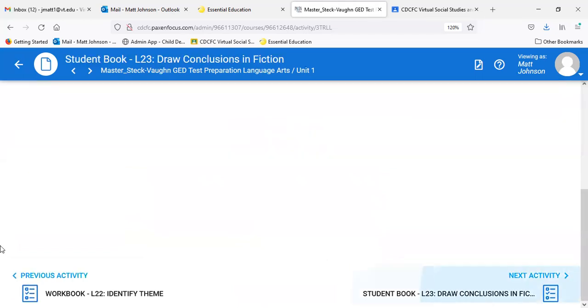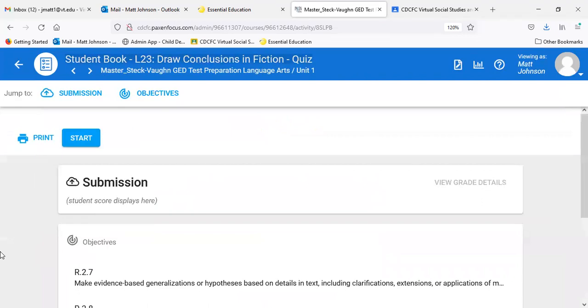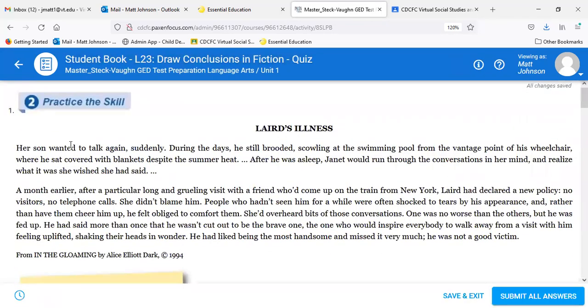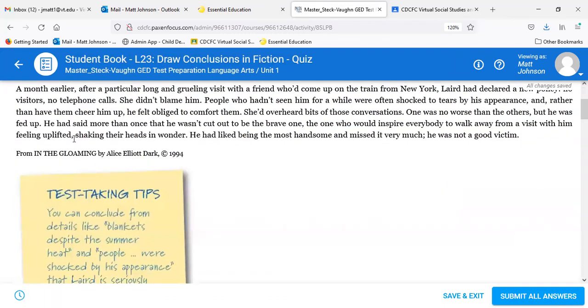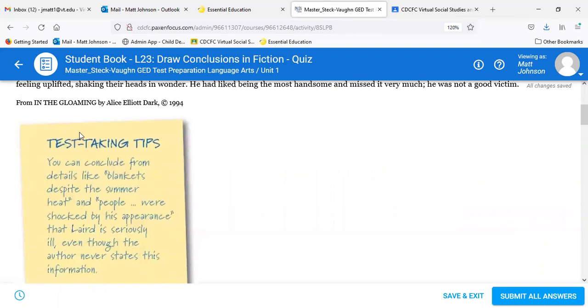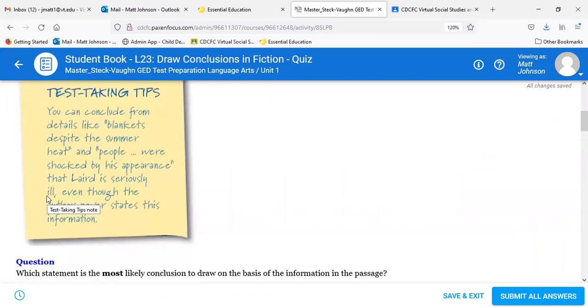Okay, let's leap over to our quiz. Lesson 23 quiz, not lesson 10 quiz. Let's open that up. Hit start here. From our piece here again, it says test taking tips. You can conclude from details like blankets despite the summer heat, and people were shocked by his appearance, that Laird is seriously ill, even though the author never states this information.